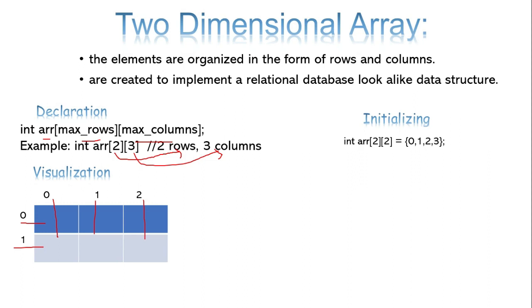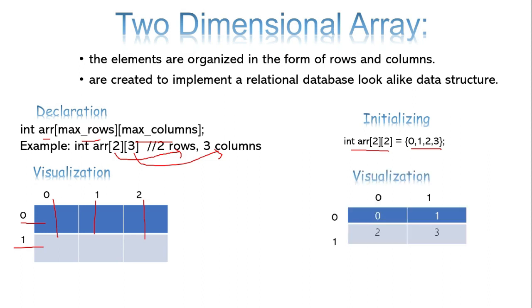To initialize it, you can do it as you declare the array and then initialize the values. Here is the visualization. As we declare the size of the array as two rows and two columns, we will have it like this: the first row and the second row, and the first column and the second column.